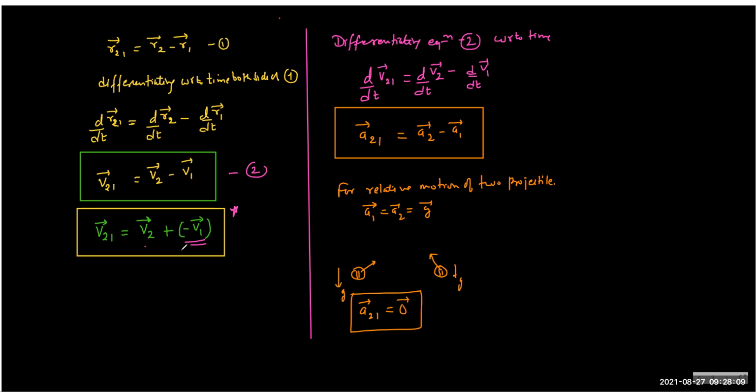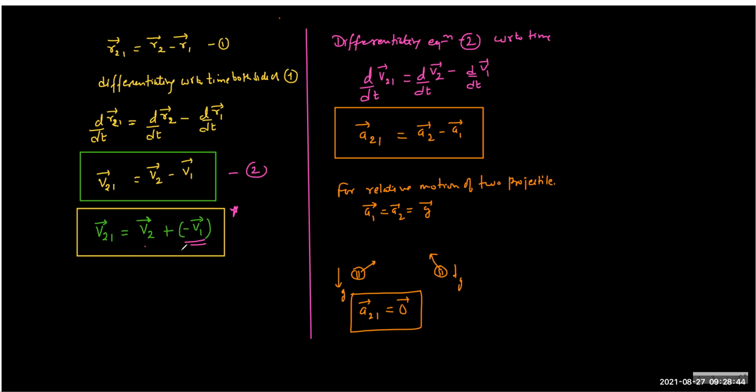In fact, the vertical displacement caused by gravity, which is half g t square, will be the same for both. So you cannot see the vertical jump due to gravity either, because you will always be on the same level. Let's say you're falling from the sky, so you will fall down, but both of you will be in front of each other if there is no velocity, because they are falling by the same height.